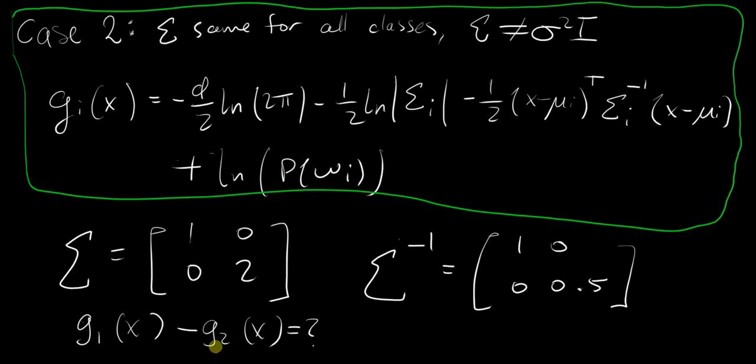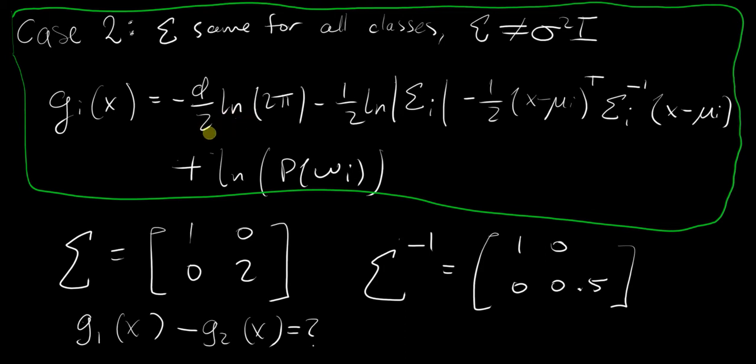Since we're comparing them like this, we can look to see if there are any terms here that are constant, because any constant terms won't make a difference. They're going to be cancelled out when taking the difference of g1 of x and g2 of x.